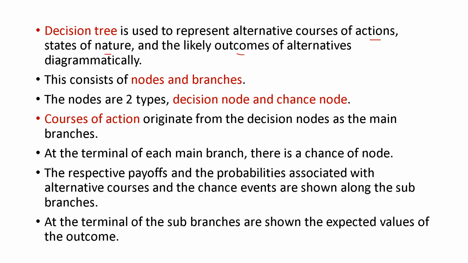Courses of action originate from the decision nodes as the main branches. At the terminal of each main branch, there is a chance node occurrence. The respective payoffs and the probabilities associated with alternative courses and the chance events are shown along the sub-branches.